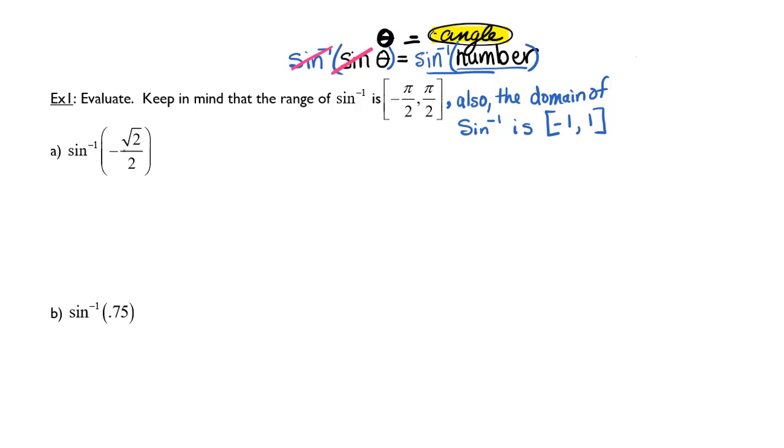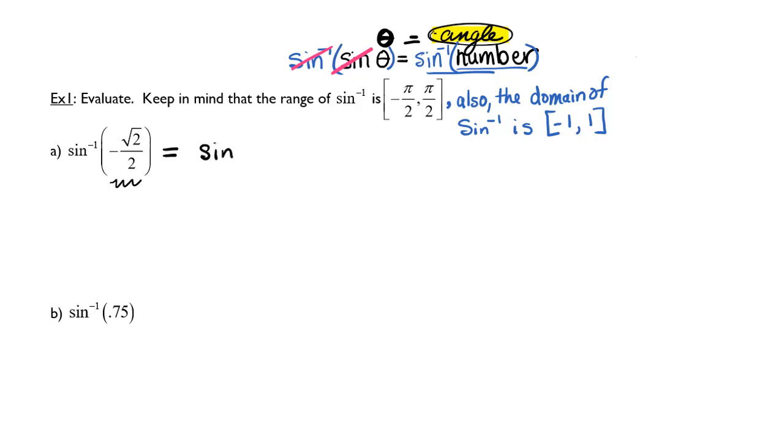So let's take a look at this first exercise. We have sine inverse of negative root 2 over 2. Now, as I said before, if we're looking for the sine inverse of some number, we are actually trying to solve for an angle. And it's going to be probably fairly helpful for you to do this in degree mode. We're trying to figure out what the angle would be.